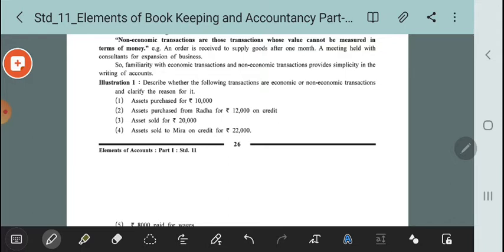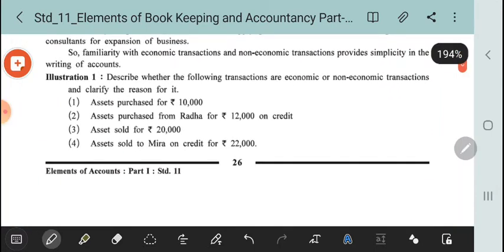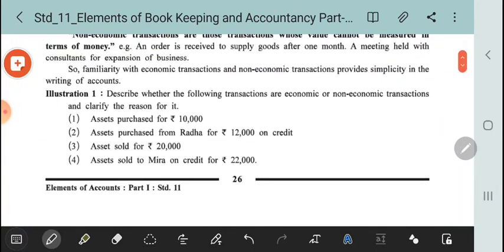Illustration 1: describe whether the following transactions are economic or non-economic transactions. So we have to just describe whether the transactions are economic or non-economic.